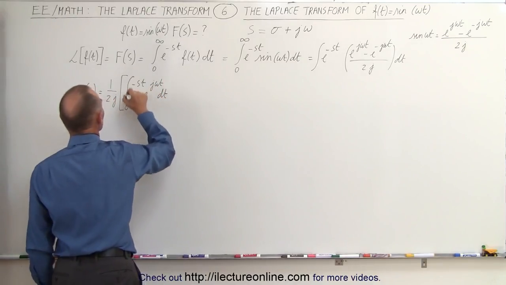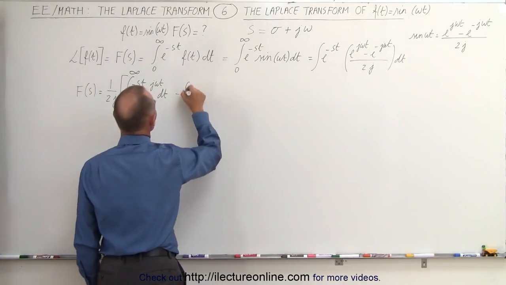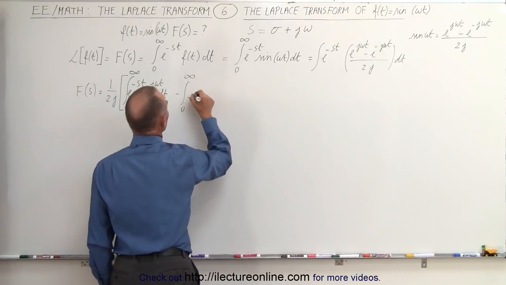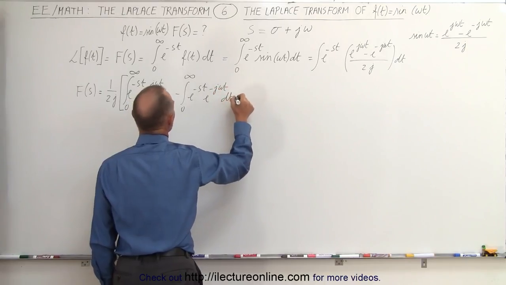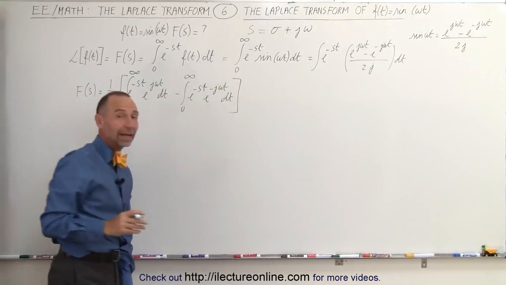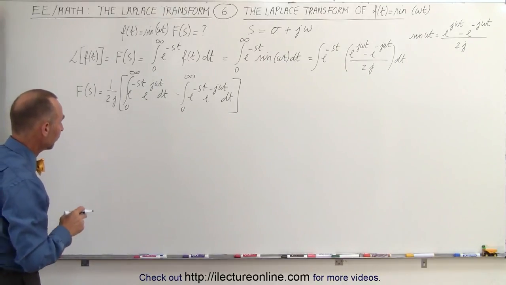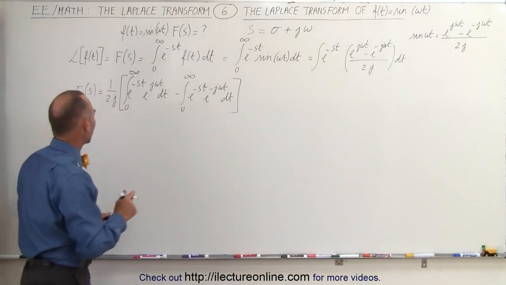That's an integral from 0 to infinity. And then we could put the minus here, integral from 0 to infinity of e to the minus st e to the minus j omega t times dt. And then we'll go ahead and integrate both of those separately. Before we continue, let's write it in a more compact form.